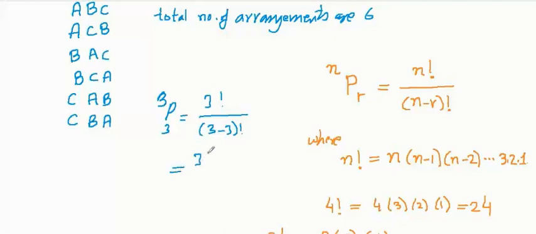So it will be 3 factorial over 0 factorial, and 3 factorial is 3 times 2 times 1 divided by 1. See, this is equal to 6.